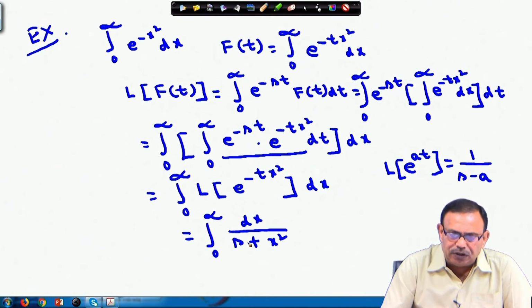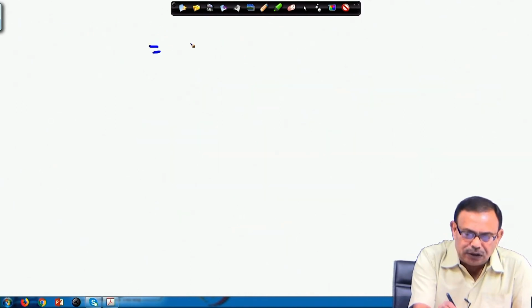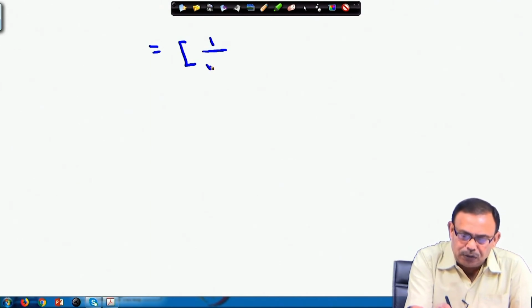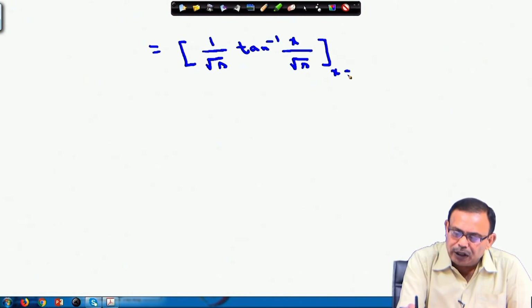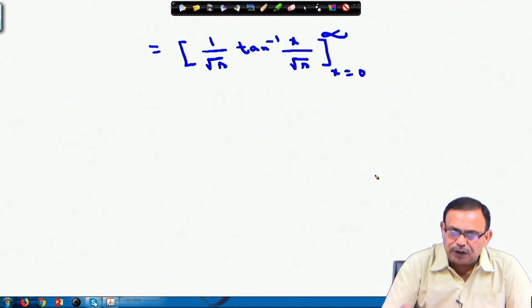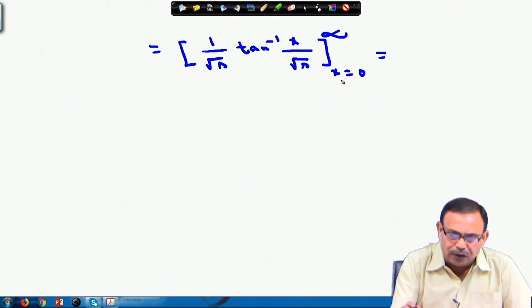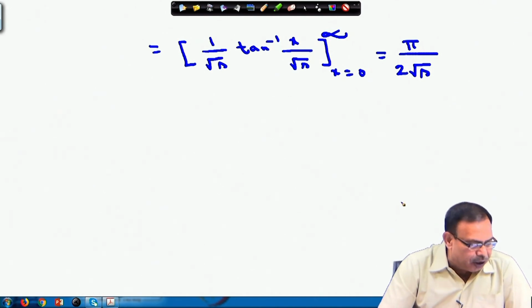So the value of this integral I can directly write as 1 by root s tan inverse x by root s, where x varies from 0 to infinity. If I put the limiting values, ultimately I will obtain the value pi by 2 root s.